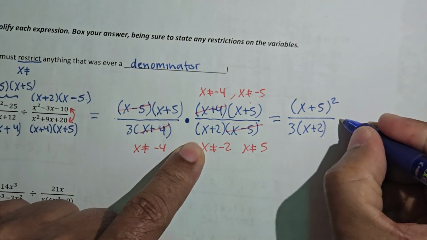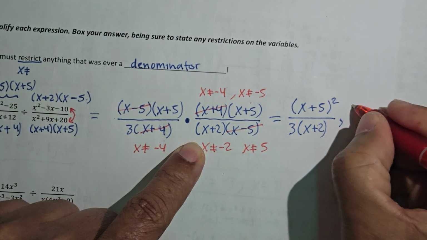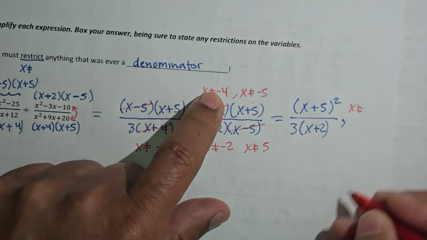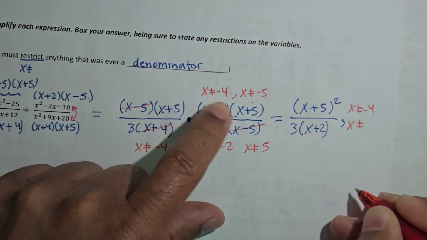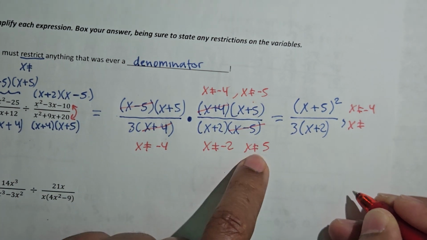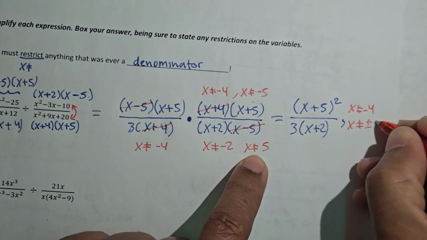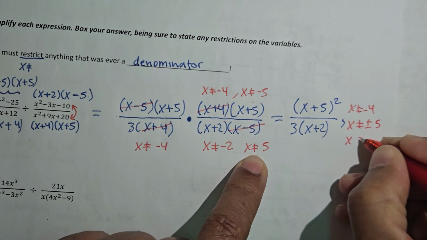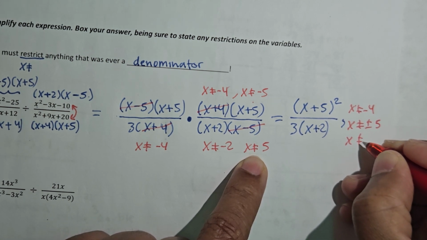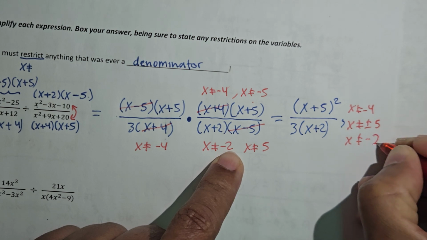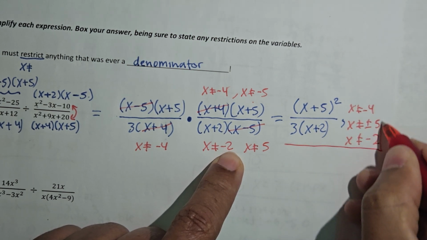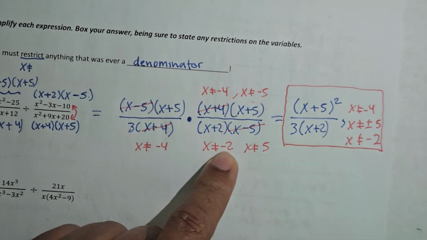Now here come the restrictions. x cannot be equal to negative 4. x cannot be equal to plus or minus 5, and last, x cannot be equal to negative 2. So there are the restrictions on this rational problem.